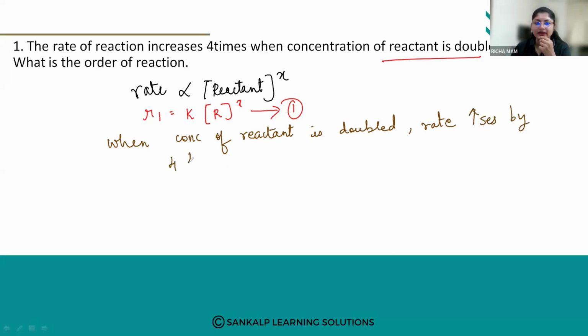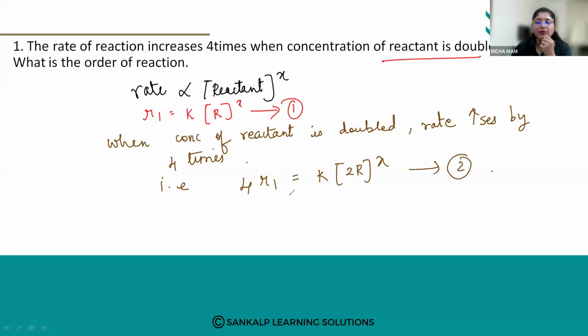So 4 R1 equals K into (2R) raised to X. So this is the second equation.